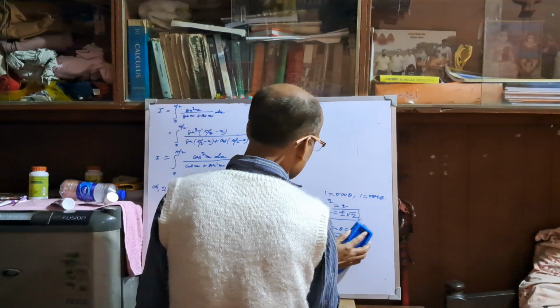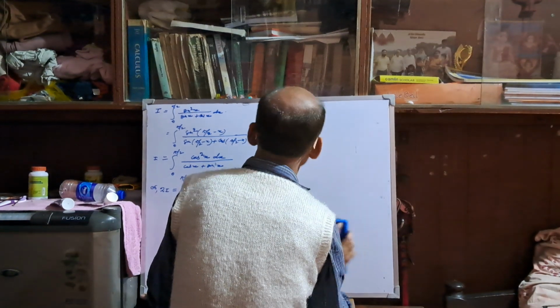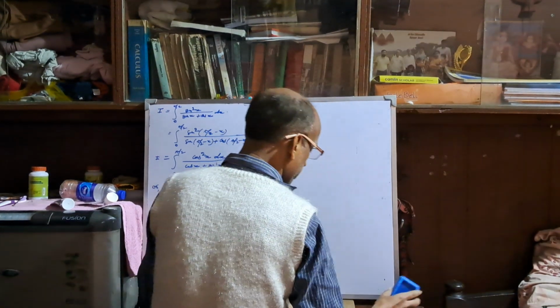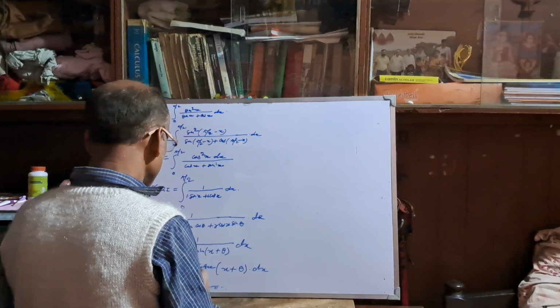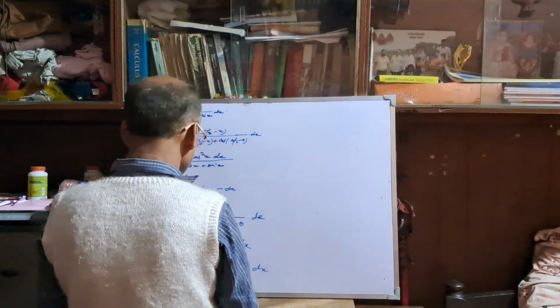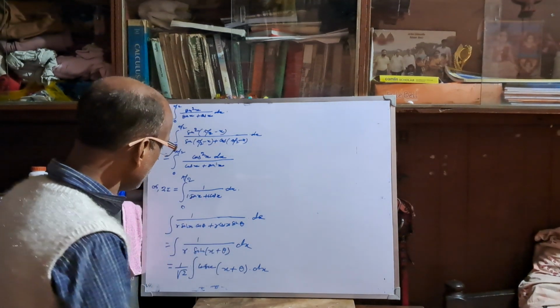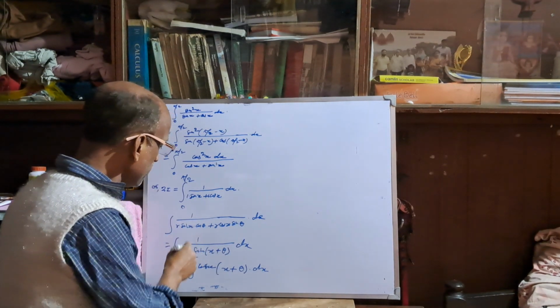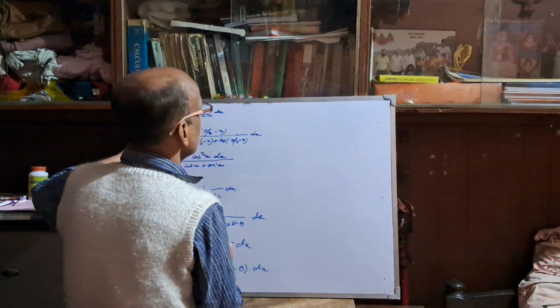I am rubbing this part. In this part I am showing you the integral. Why it happens so, you just see here. If you go through the indefinite integral, why is this cofactor method used?